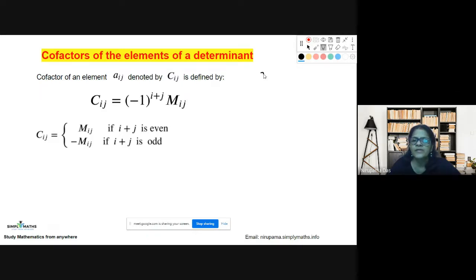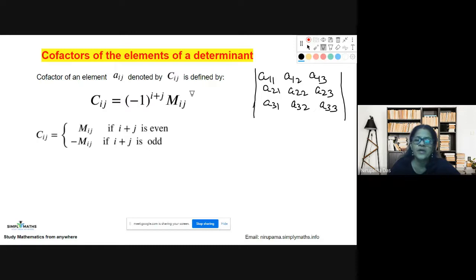Whenever we write the elements, suppose I write A11, A12, A13, A21, A22, A23, A31, A32, A33, this is a determinant. Whenever we write ij, obviously row index and column index, we are talking about i plus j. Like here you see i plus j: 1 plus 1, 2; 1 plus 2, 3; 1 plus 3, 4.